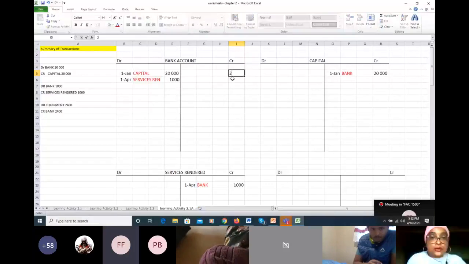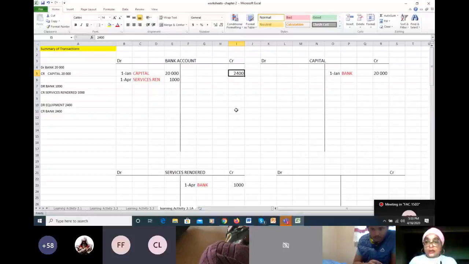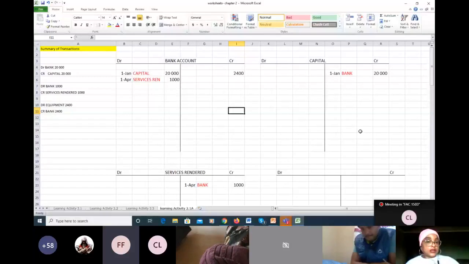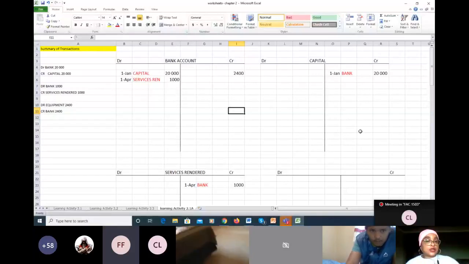Sorry, and don't... Yes. I think some people's mics are on because you can hear them talking. If you maybe can ask them to switch it off, please. Ladies and gentlemen, can you switch the mic off, please? Can you just turn your mics off? And please don't forget to put your student number in the chat group. The mics are still on. Can you please all turn your mics off?